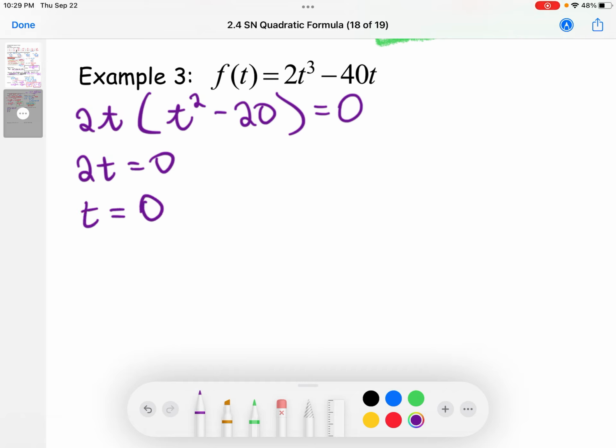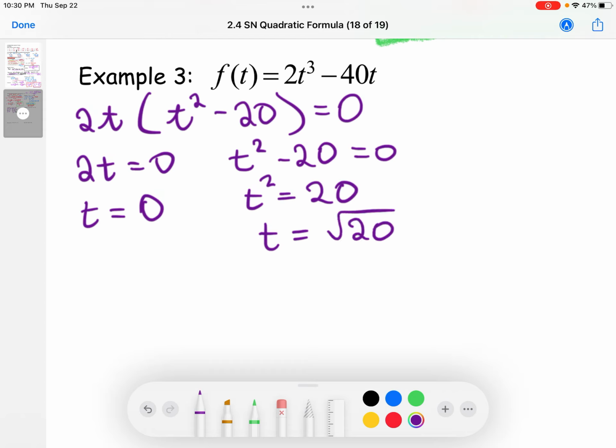T equals 0. 0 divided by anything is 0. Then t squared minus 20 would equal 0. T squared equals 20. So t equals the square root of 20. And since we took the square root to solve, we need a plus or minus there.